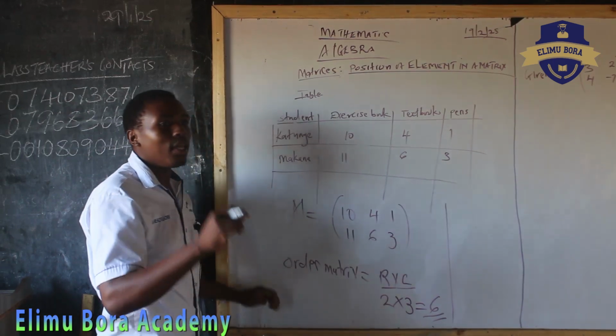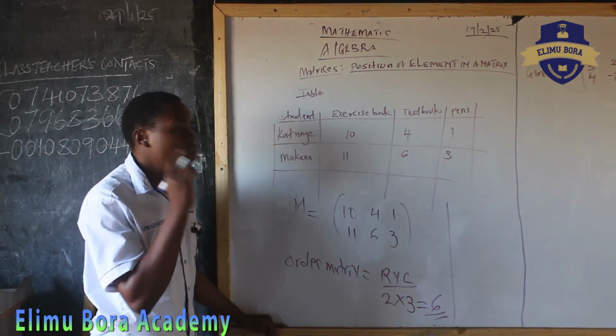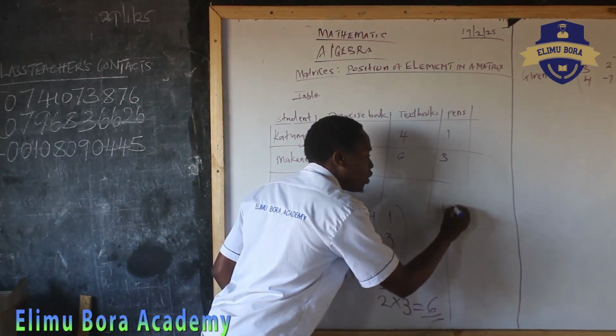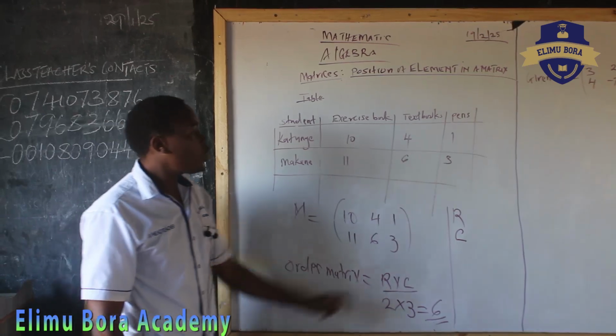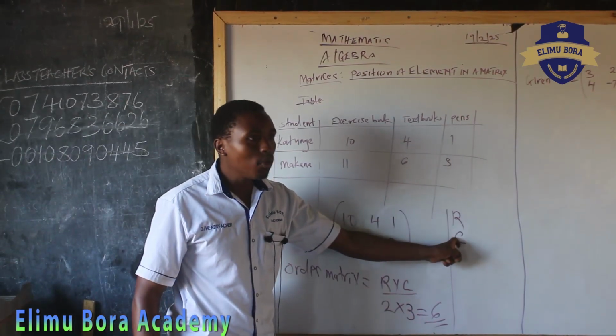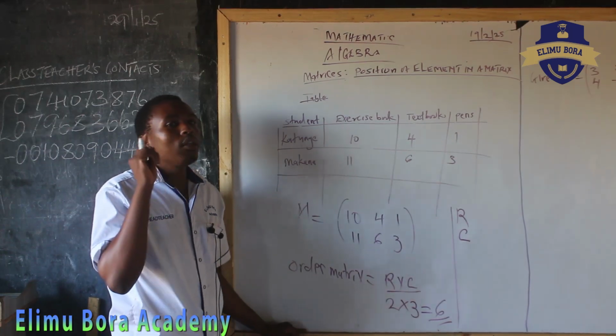So we have to identify each element, which position it has. Under the position, you have to remember the teacher talked about the row and the what? The row and the column. So when you're giving the position, your head should be able to think of the row and the column.